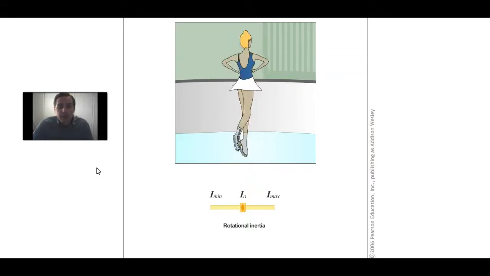Now remember, rotational inertia is typically the symbol capital I, and we could change it from the initial rotational inertia to a maximum rotational inertia or a minimum rotational inertia. A minimum rotational inertia is very similar to the experiment we just did, where we decreased the radius of the mass, and thus the angular velocity should increase.